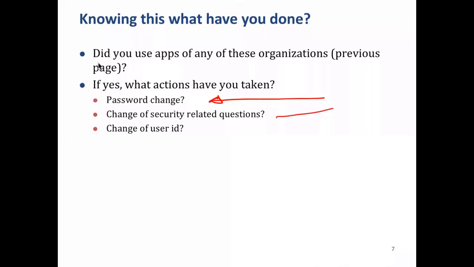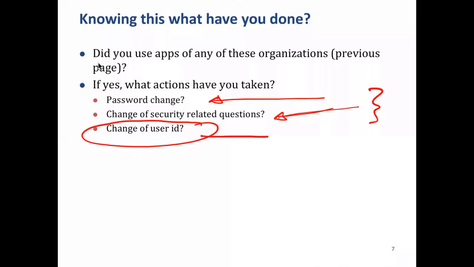Do we change the security related questions? For example, in a bank, sometimes they additionally ask some security related question, like your pet dog's name, which city you were born in, which city your father was born in, and so on. We normally don't do that, and not many of us try to change the user ID, which we can do, and it's a very powerful way.